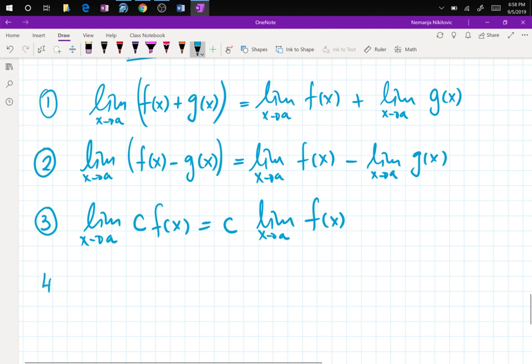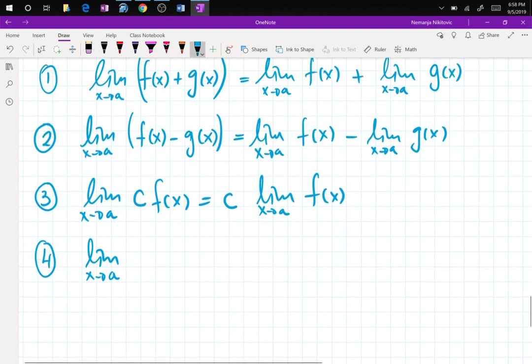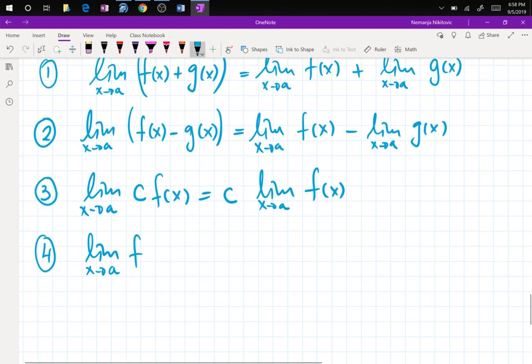Now, we have the property that only works for limits. Derivatives and integrals will have special rules for these. So the limit of f of x times g of x is equal to the limit of f of x times the limit of g of x.